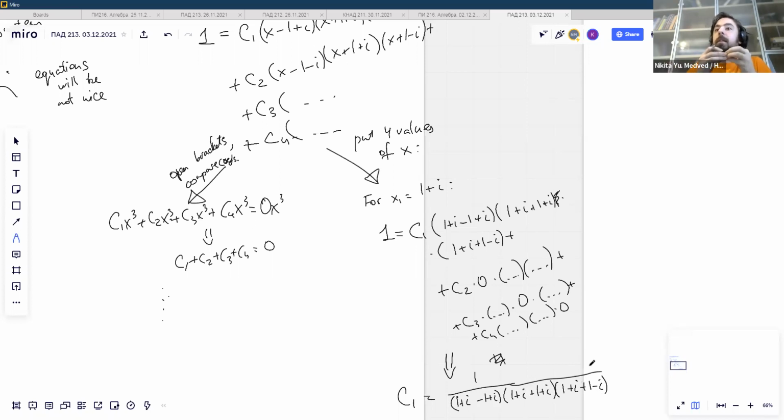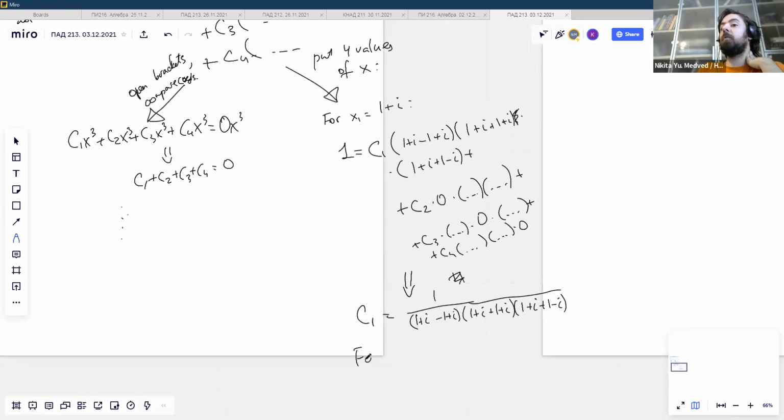This system has solved itself. C1 is separate from the other three. And the same way for x2 equals 1 minus i, etc. I can find C2, C3, C4.